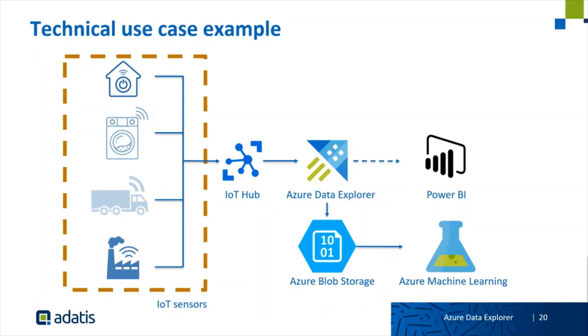You can then do whatever you like within Azure Data Explorer and even export that data, save it inside blob storage for instance, for data scientists to pick up and build Azure machine learning models over it. And you can also, in the meantime, feed any data, if you want, to Power BI separately. Those are all ideas of how Azure Data Explorer can fit in, even within existing data architectures.